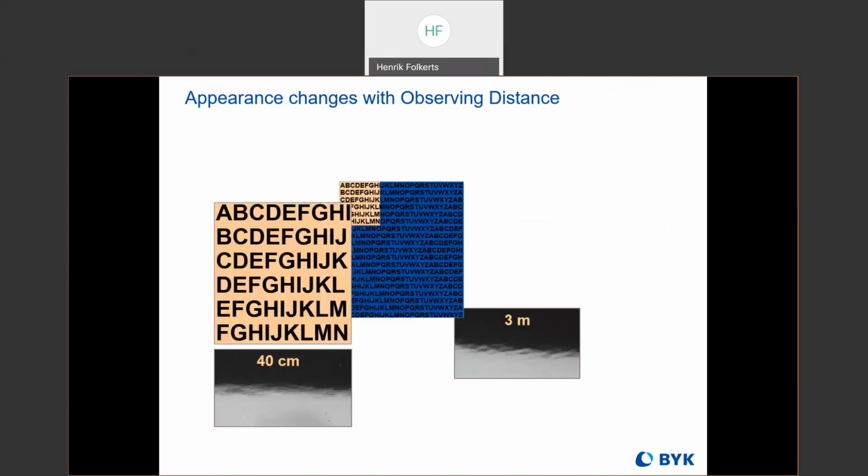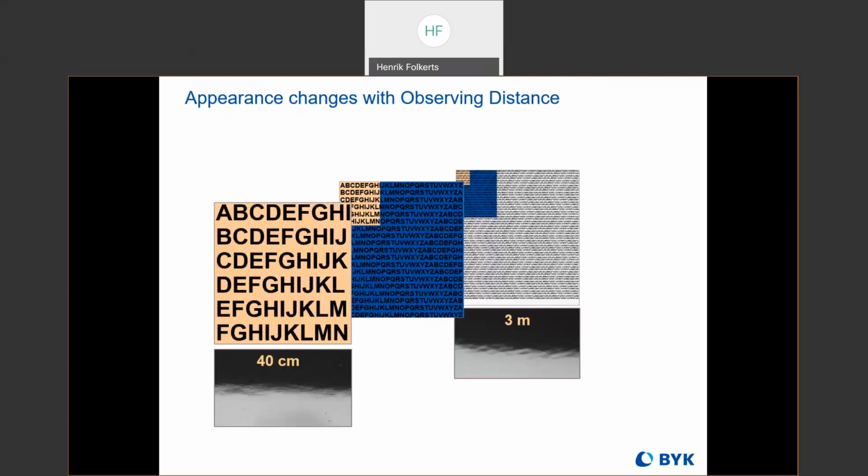And so just as an example of a kind of analogous visual here, when we're looking at these letters at a very close distance, as in on the left, we can make out the individual letters. But as we step back and get further and further, we're not really seeing the individual letters so much.